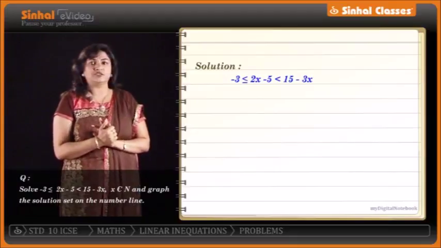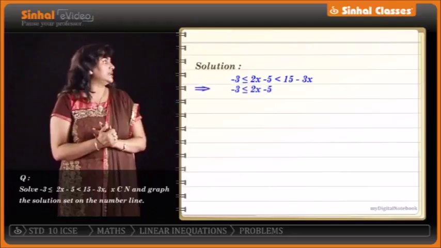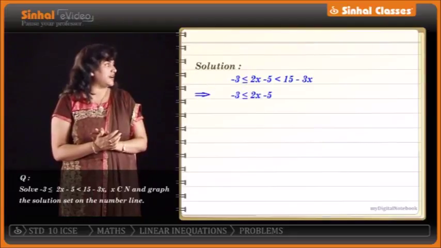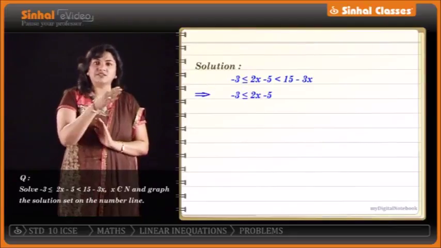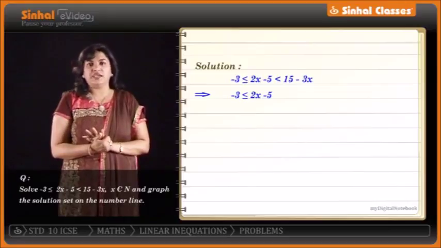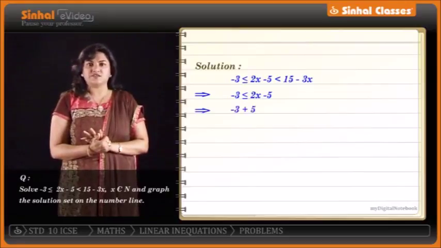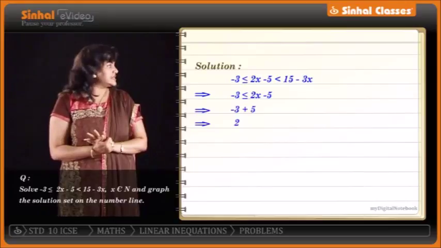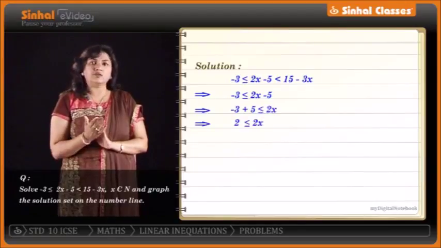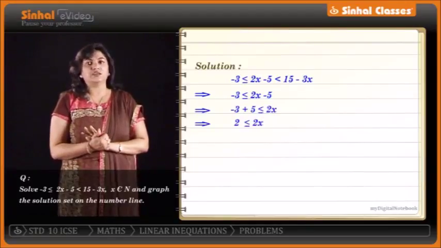The first inequation will be minus 3 less than equal to 2x minus 5. We transfer minus 5 to the left. We get minus 3 plus 5, that's 2, less than equal to 2x. Now divide by 2, we get 1 less than equal to x.